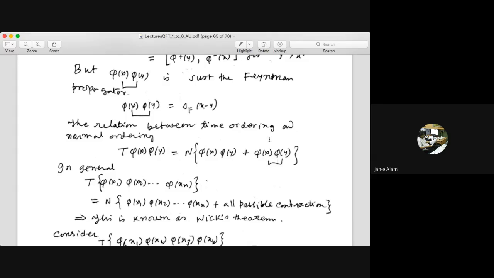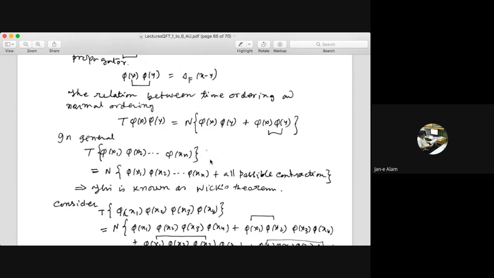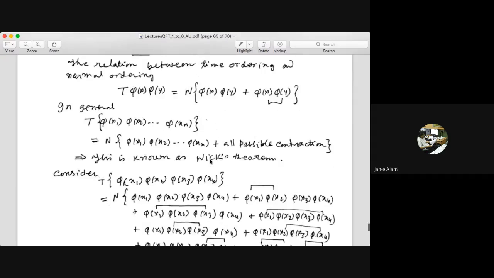The contraction part gives the non-zero part, but the uncontracted part will always give zero. That is precisely the role of Wick's theorem. It is just telling you how to evaluate the time ordering operator, and this is the general statement of Wick's theorem, which I have written here.